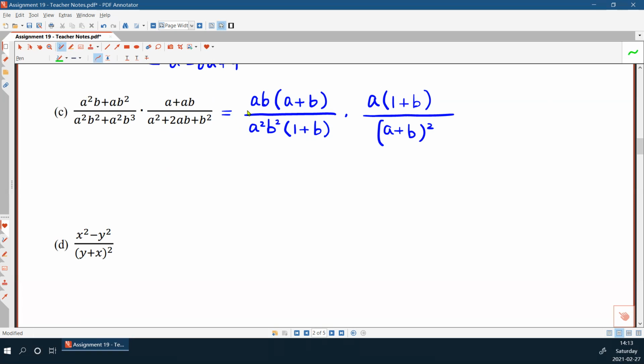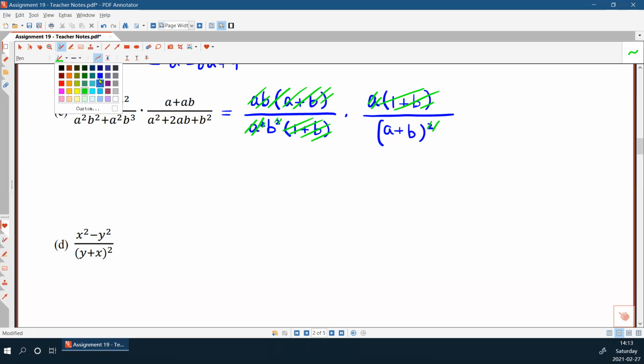So now we can try to cancel anything here. So ab can be canceled with an ab here. a can be canceled with an a here. And a plus b can be canceled with a plus b here. And, sorry, a plus b can be canceled with a plus b here, and a plus b can be canceled with a plus b here, right?